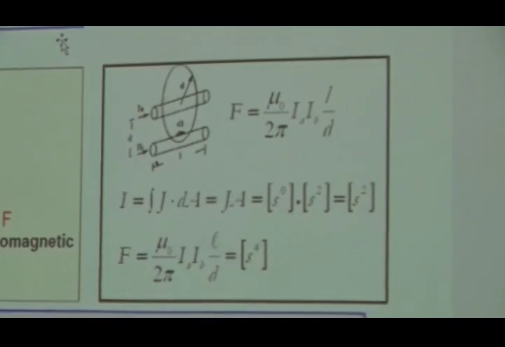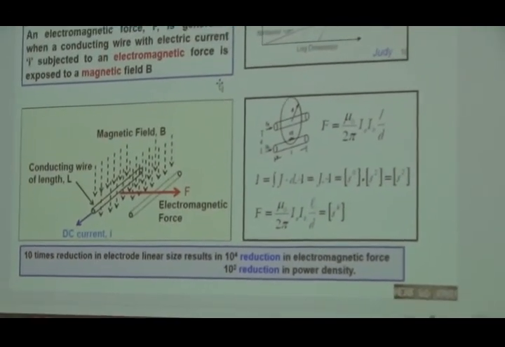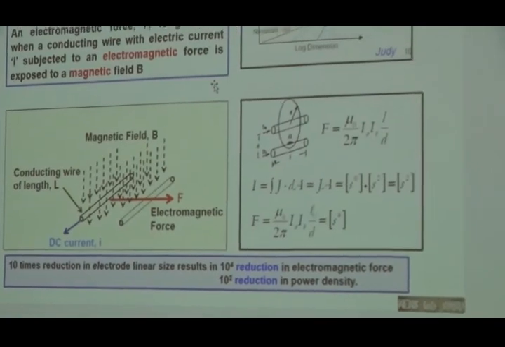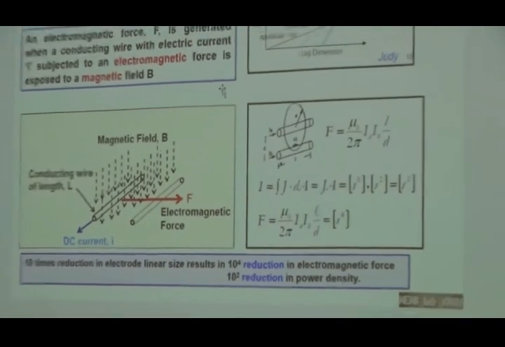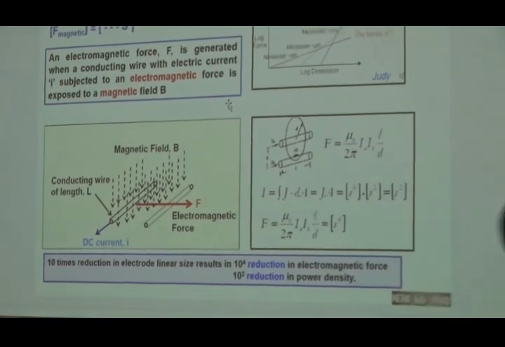Reduction in electrostatic force. Electromagnetic force. So the electromagnetic force reduced tremendously, much faster, to the power 4. How about the power density? So remember, electrostatic, the power density increased by 100. How about here? It's still reduced by 100.